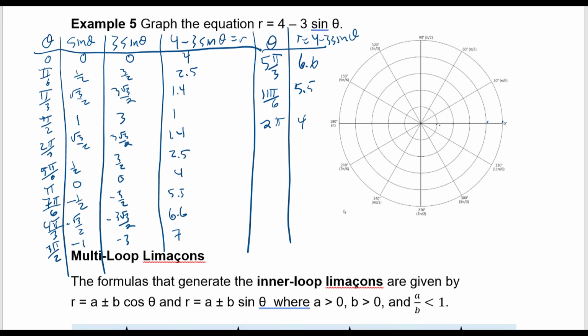Okay, so let's start plotting this. We have 0 is at 4. And then we have pi over 6 is at 2.5. And then pi over 3 is at 1.4.